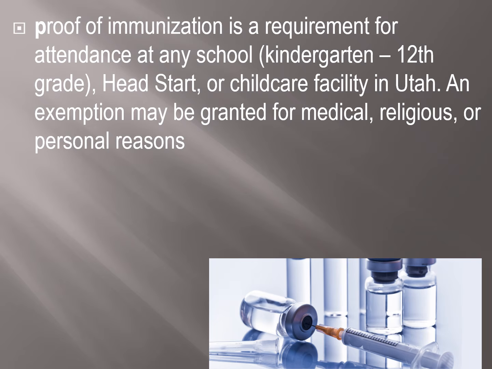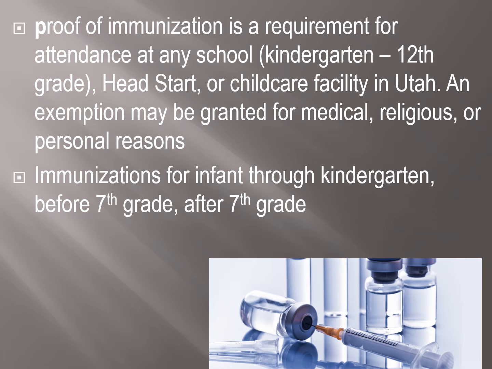There are certain immunizations before you go to kindergarten. There are ones before you go to 7th grade, and there are ones that you can get after 7th grade. Now, what happens if you don't immunize your children? You need to provide proof as to why you don't want to immunize your children.